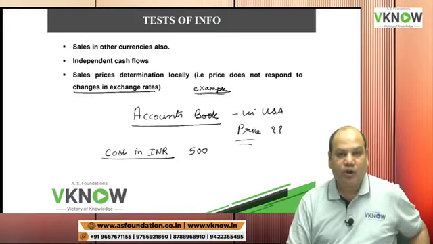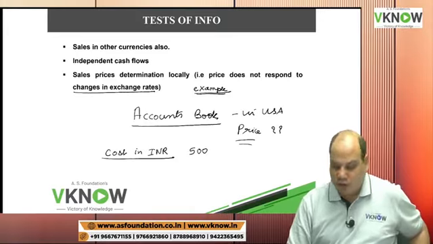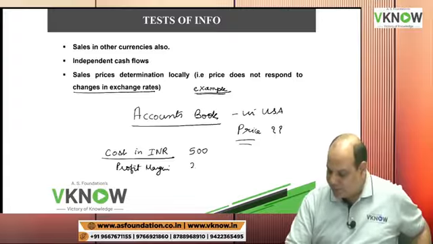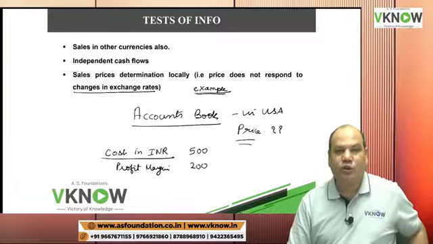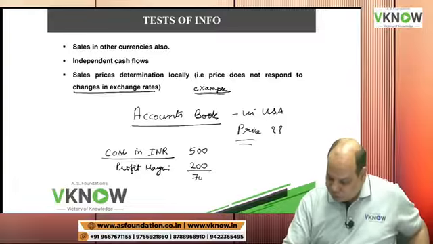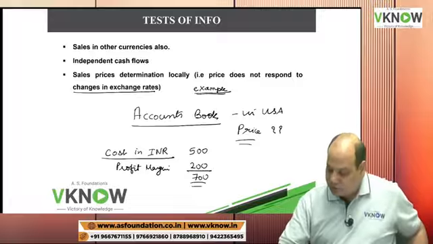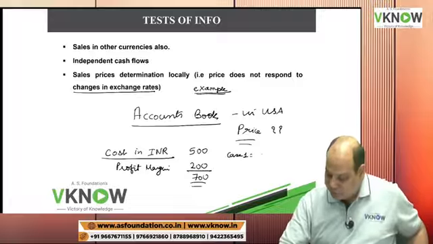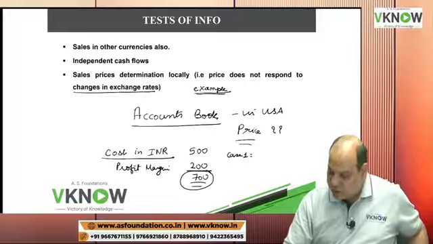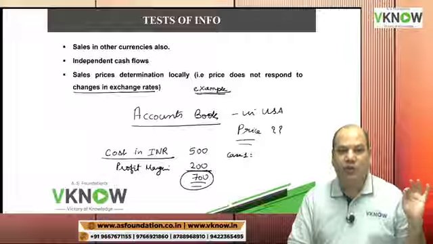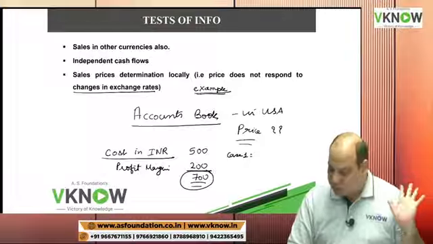The cost of printing one book is 500 rupees, and suppose we add a profit margin of 200 rupees. So total comes to 700 rupees. Now case 1, I want 700 rupees in my pocket. If 700 rupees comes to my pocket, I am happy, I got the required profit margin.